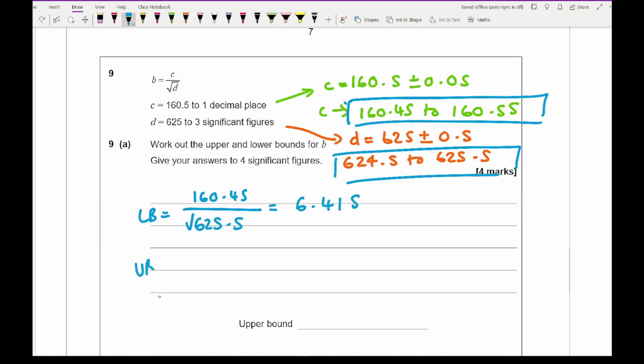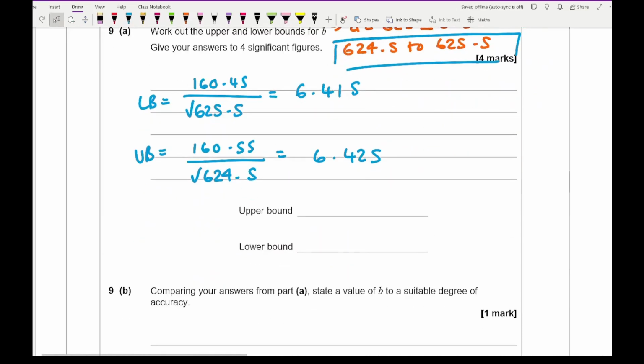Now the upper bound is going to be the biggest c value, which is 160.55, divided by the smallest d value, which is the square root of 624.5, and if I work that out on my calculator, I get an answer of 6.425. So each of those numbers have been written to 4 significant figures. So it's going to be 6.425 and 6.415.